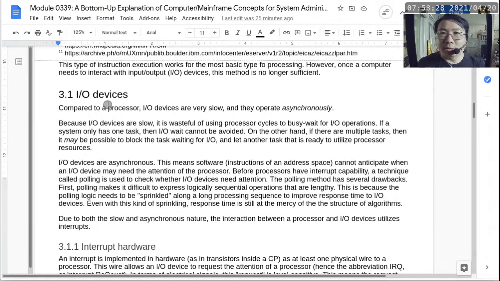Section 3.1. I/O devices were the original reason why we need interrupts. I used an analogy yesterday about how PC-DOS uses a busy polling method to see if someone is typing something on the keyboard. It would do the same thing with a printer.